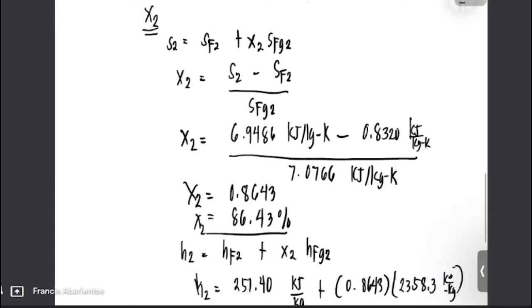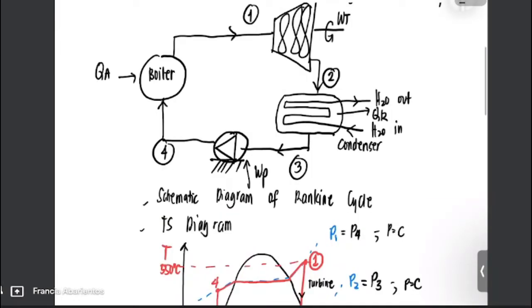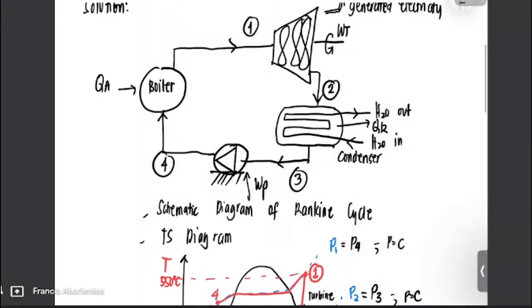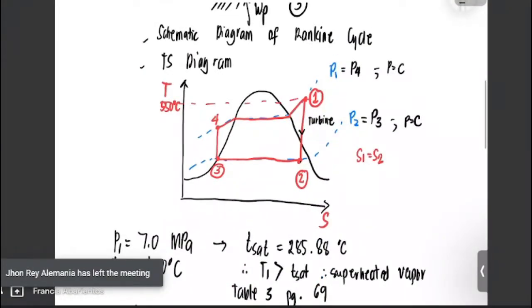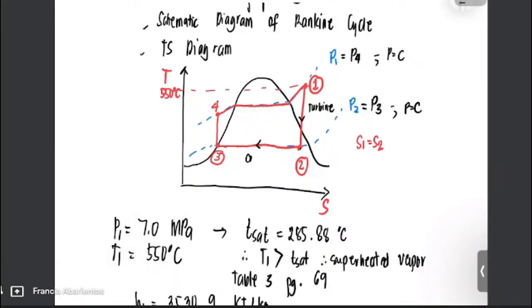Balik tayo dun sa TS diagram natin. From turbine, dito yung schematic and the TS. 2 to 3 is condenser.